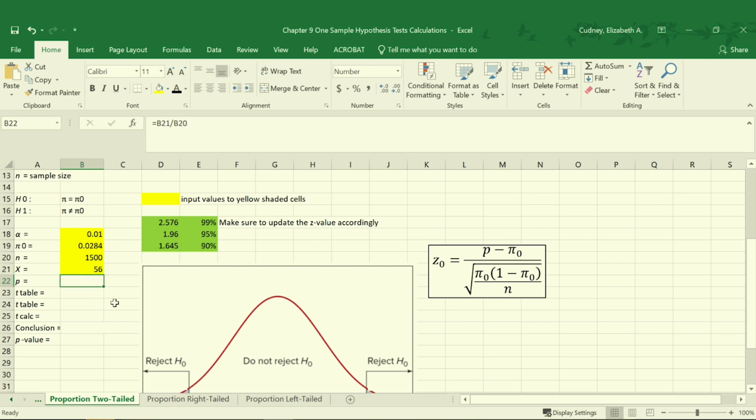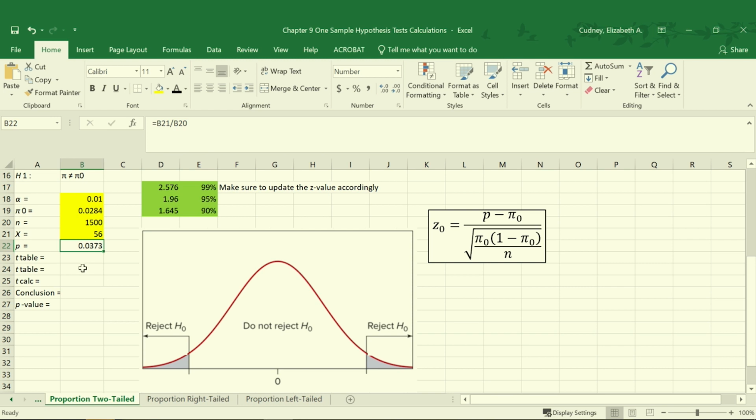So our value for P, or pi, our percentage, will be B21, which was 56 out of the 1,500, which was B20. So 3.73% of the website visitors purchased a product.